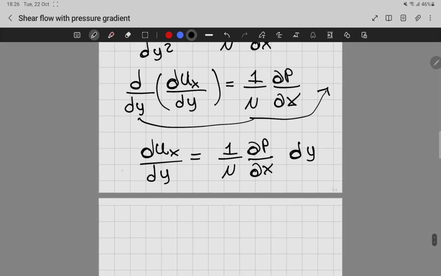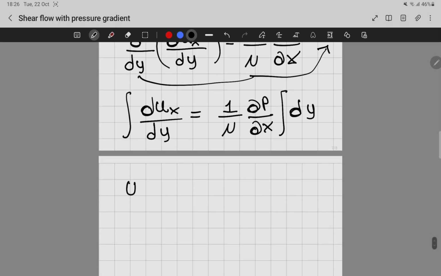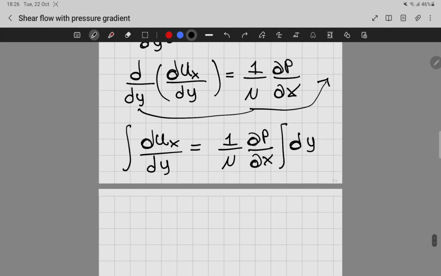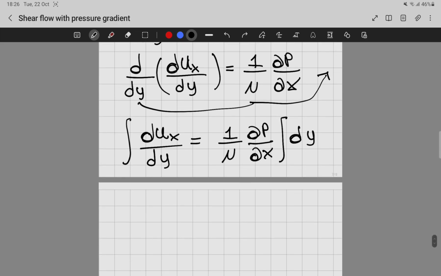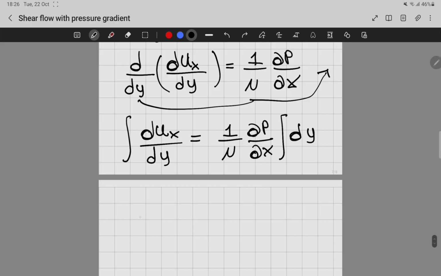And now we just integrate this equation. So ux equals this, and this is constant, which is why it's out of the derivative. So we have something like this.